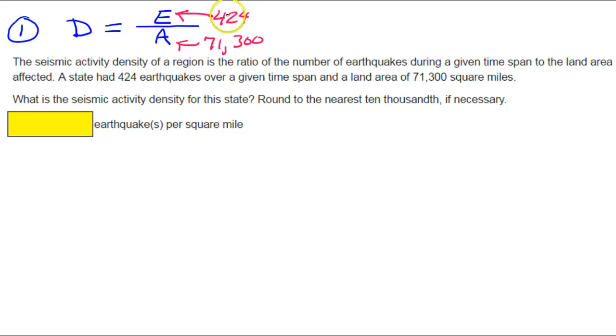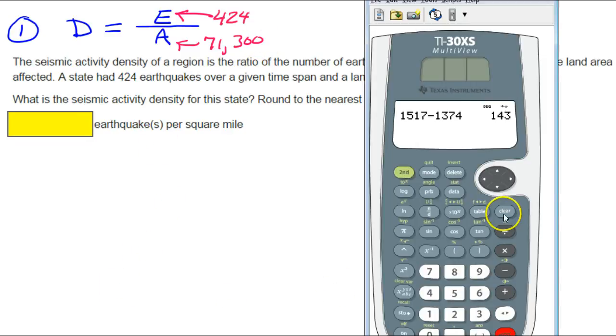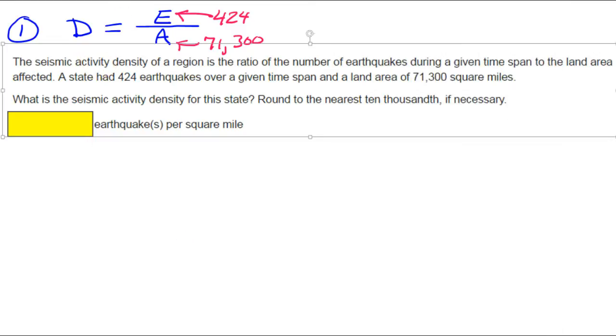Okay, so we're just going to divide these two numbers. That's all we're going to do. So we will go 424 divided by 71,300. Okay. So that's going to be, whoa.